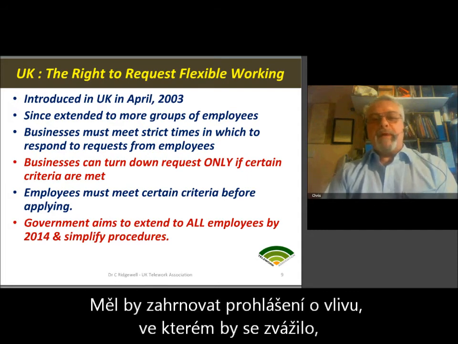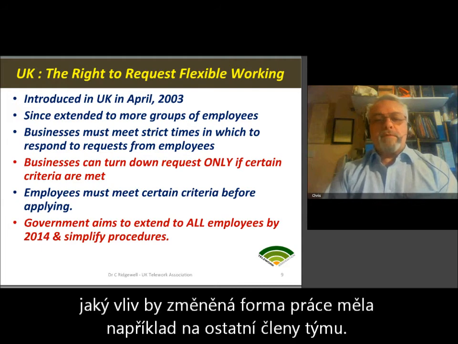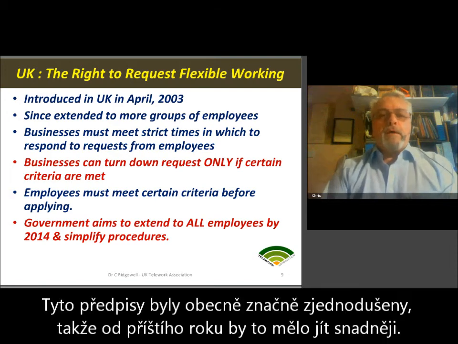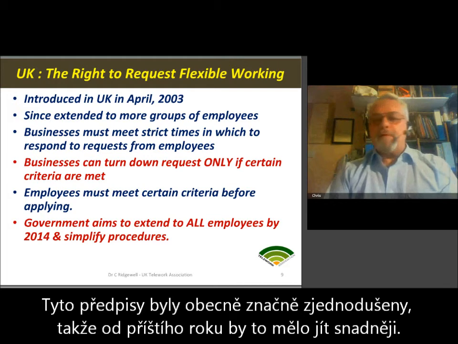That should include an impact statement, taking into account the impact that working condition might have on other members of a team, for example. Generally, the regulations here are being simplified quite considerably, so it should make it easier from next year.